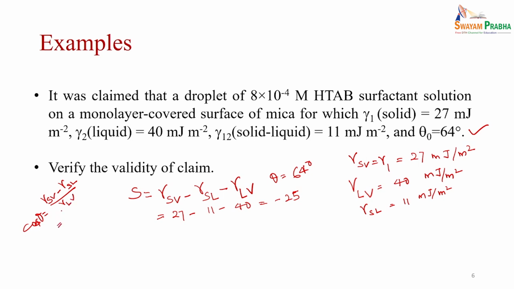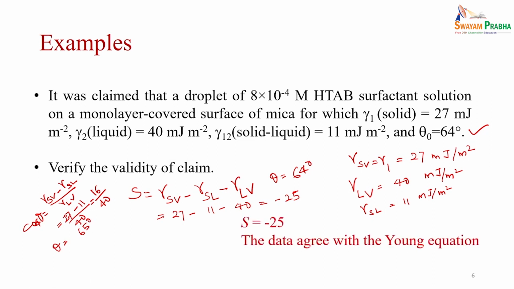So, it is gamma SV 27 minus 11 divided by 40. So, this is 16 over 40. It will be close to 0.4. So, theta will be close to 65 degrees, and experimentally we are also getting 64. It means it agrees with the claim.